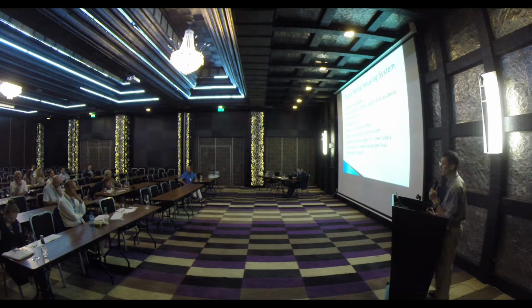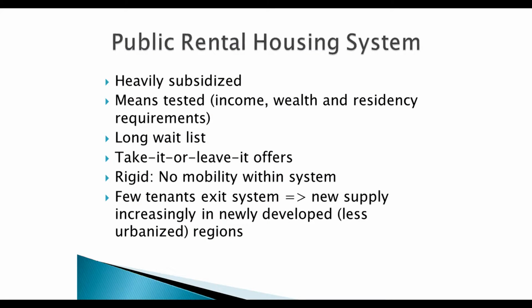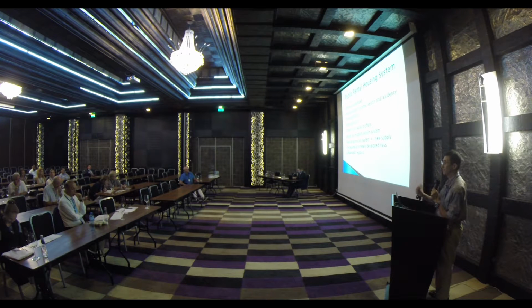They don't get to choose where they want to live. So the government comes up with a certain unit, it's offered to the person, do you want it? If the person doesn't want it because it's too far away from where they want to live, then, well, tough luck. They're back on the list, waiting for some other time. So basically, there's not much choice.